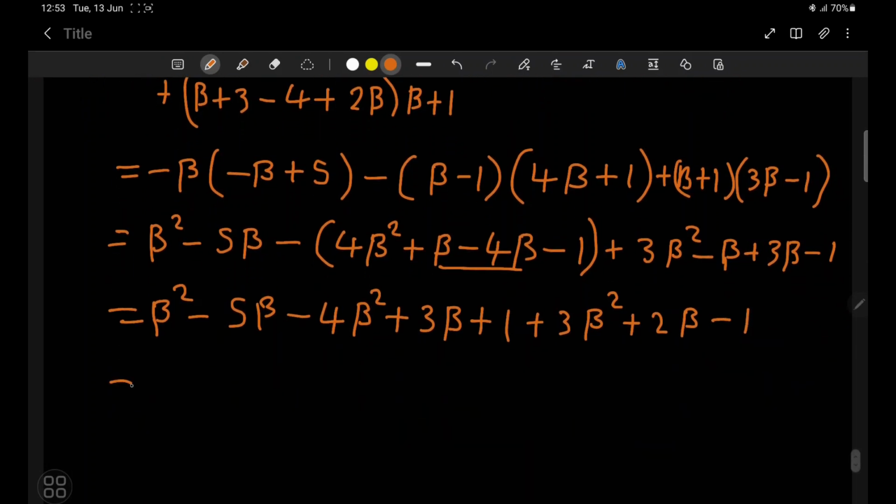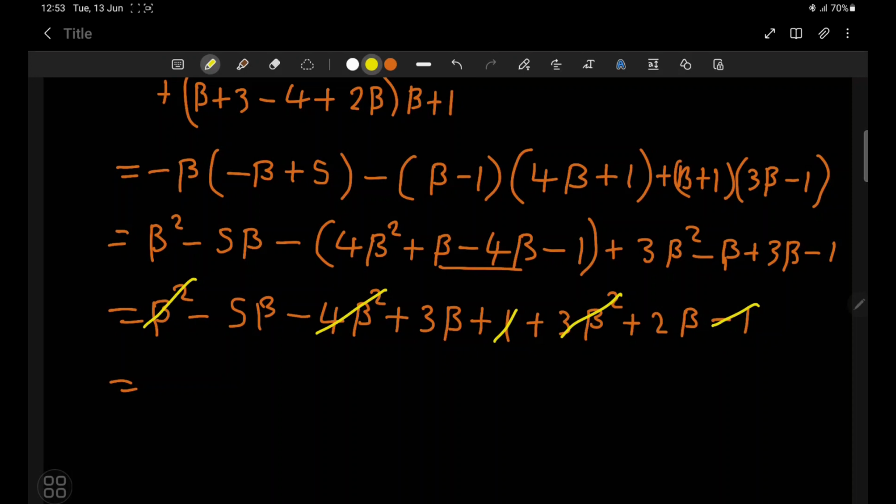We can collect like terms for simplifying, or we can simplify what can be erased. So we have 3 beta squared plus beta squared to give us 4 beta squared, and then there's a negative 4 beta squared, so these will cancel. Then the 1 and the negative 1.